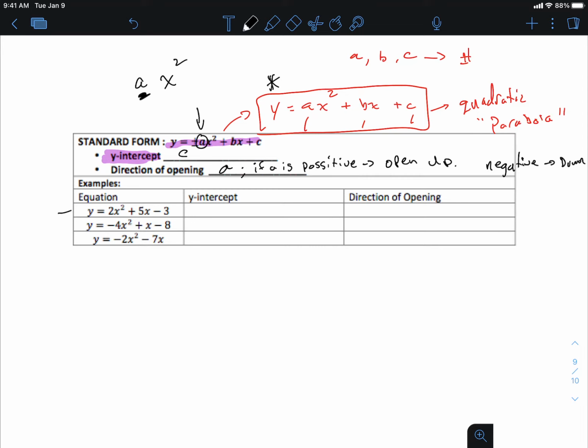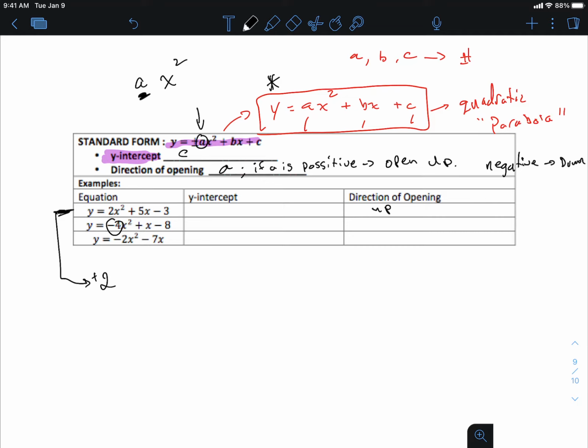So, if I look at this equation, the number in front of x squared is 2. It's also not negative. It's positive, which means it's opening up. The next one we can see right off the top, it's negative.